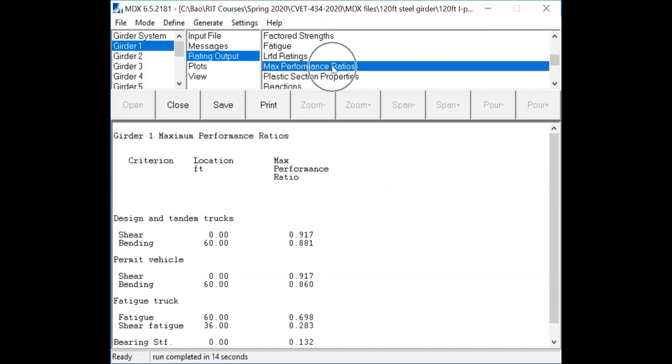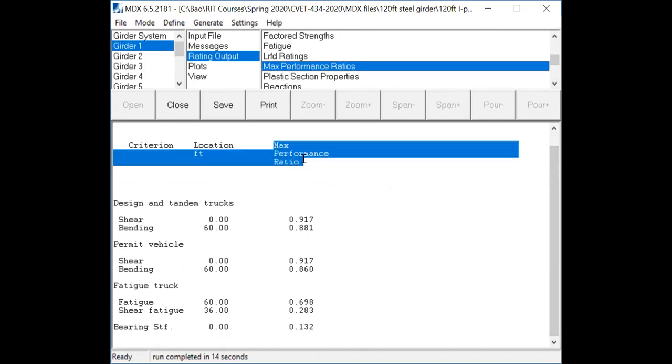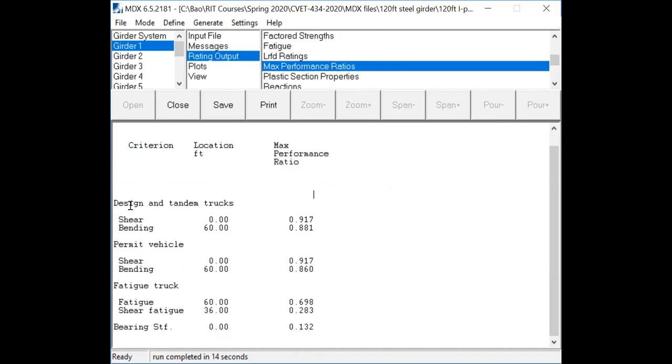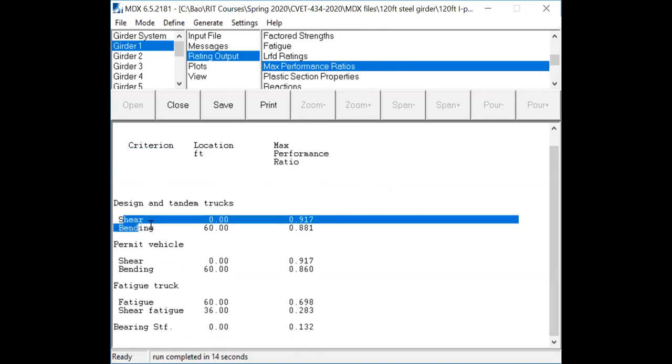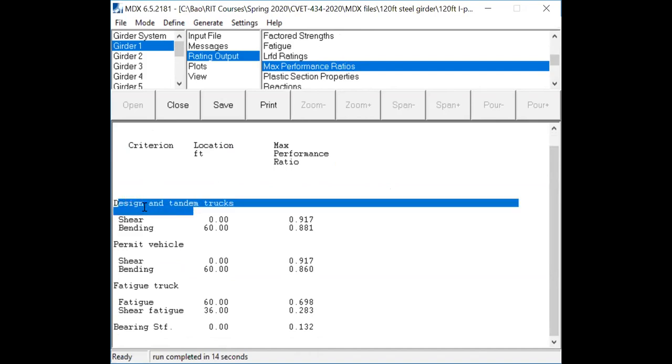Based on the maximum performance ratio, currently it's girder 1, the exterior girder, and we want to take a look at the ratio. You can see for shear and bending, they have the design tandem and truck, this HL93.